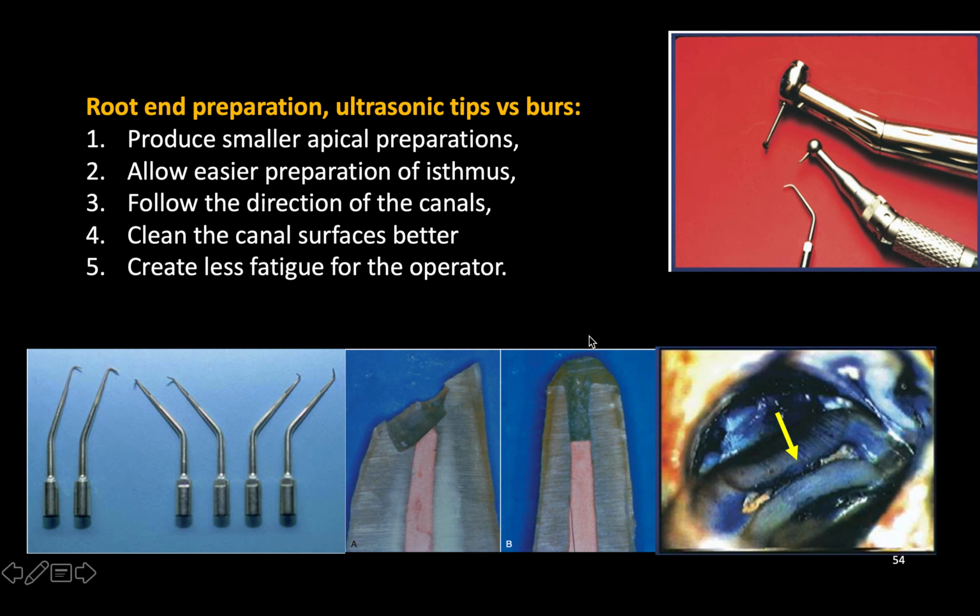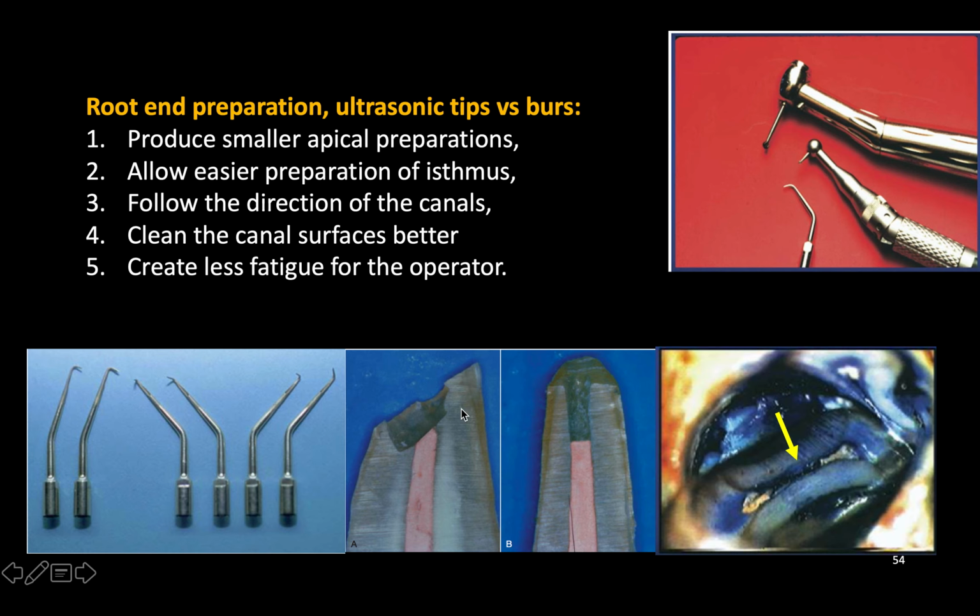Previously, the root end was prepared with burrs and handpieces, and for this reason, because the head of the handpiece is large, and to gain access to the root end, we had to do a bevel when we resect the root end.